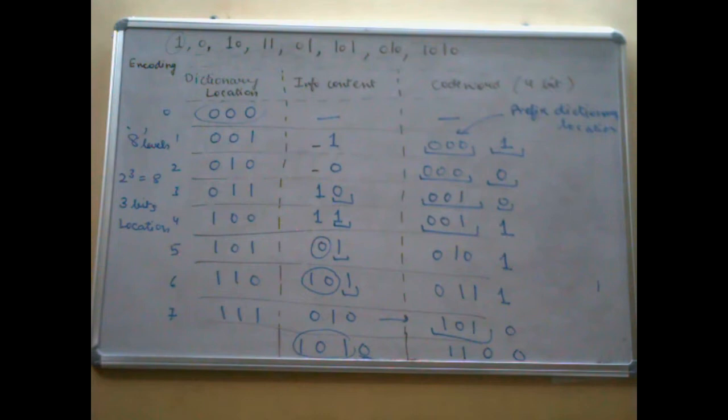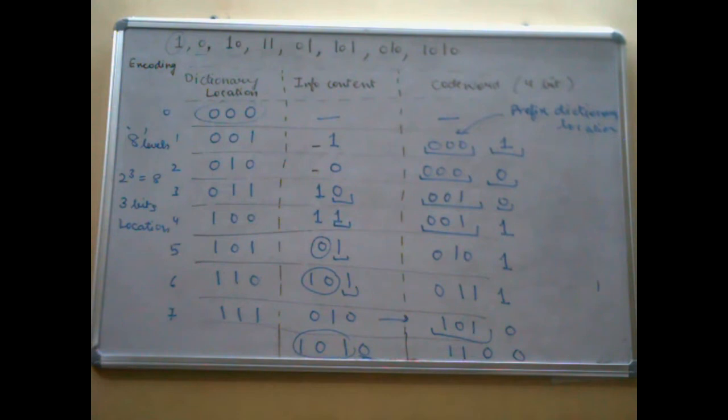Then we have to write the information content serial-wise in the information content column. Then coming to the code word. In code word, we have in our question that we have to write it in a 4-bit system. So we will take 3 and 1 separate.